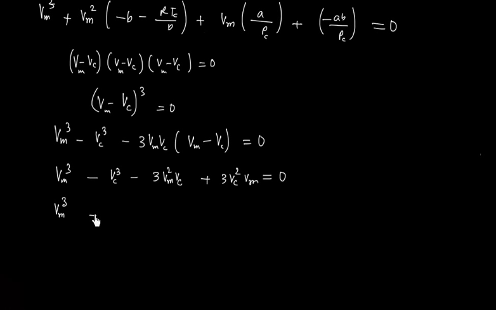So Vm cubed plus Vm squared, coefficient is minus 3 Vc, and then we have Vm, coefficient is 3 Vc square, constant term is Vc cubed.